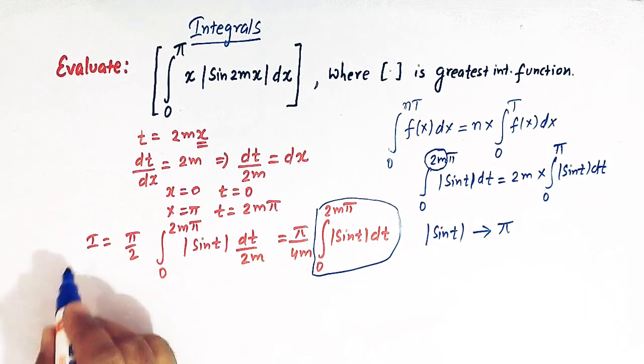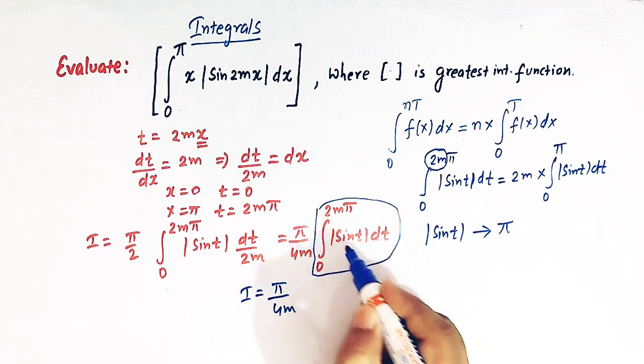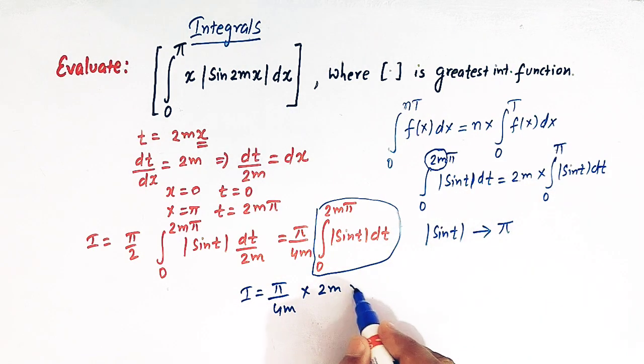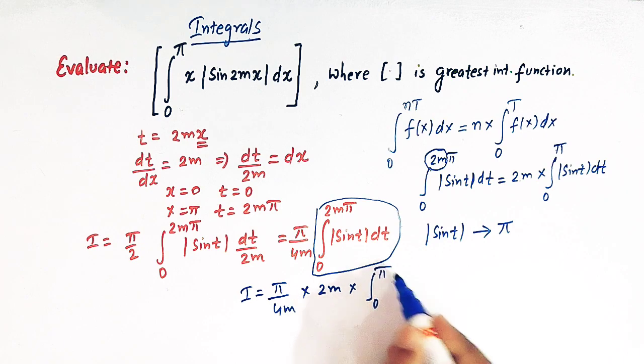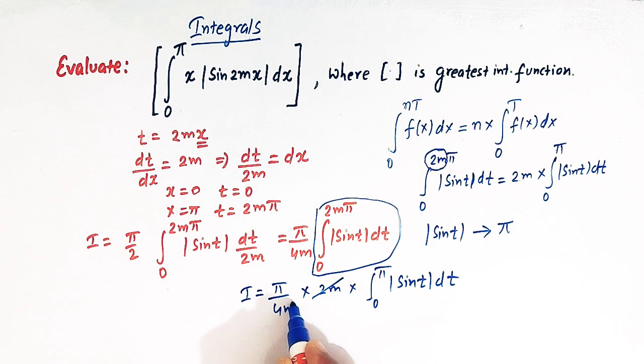Now this integral I can be written as pi over 4m, times 2m times the integral from 0 to pi of mod of sine t dt. So these two terms get cancelled, leaving a 2.